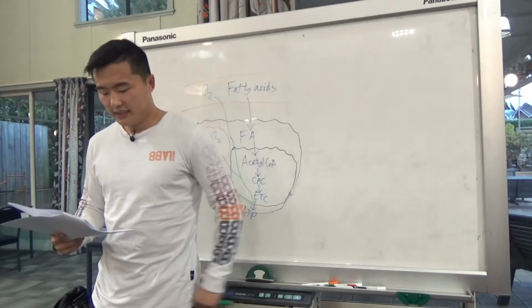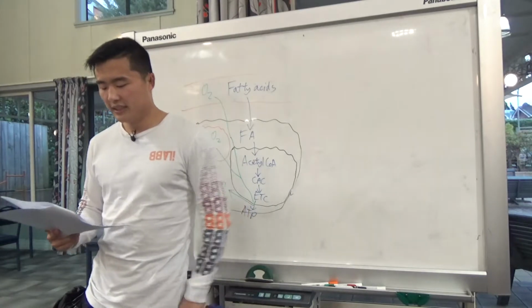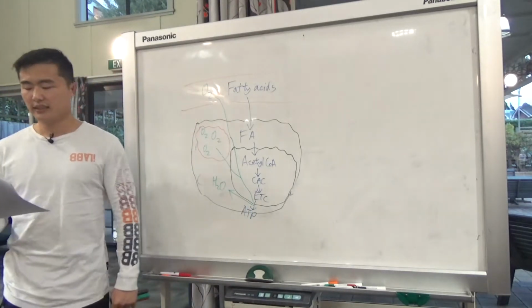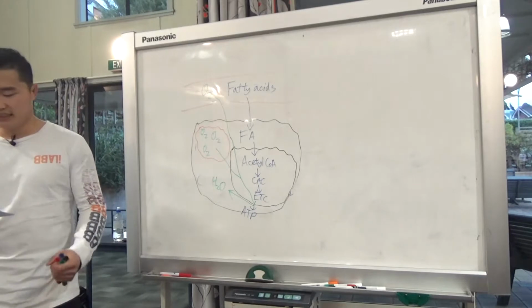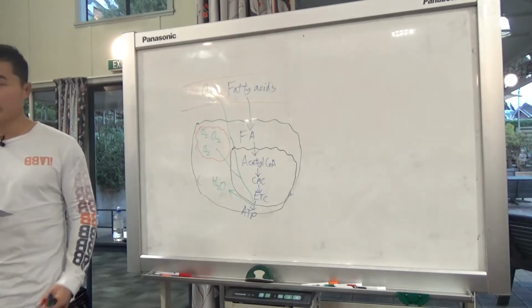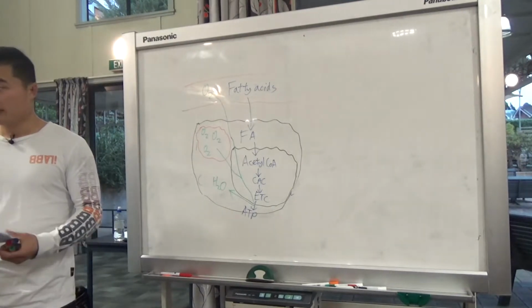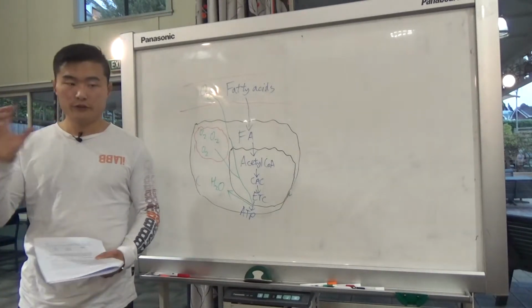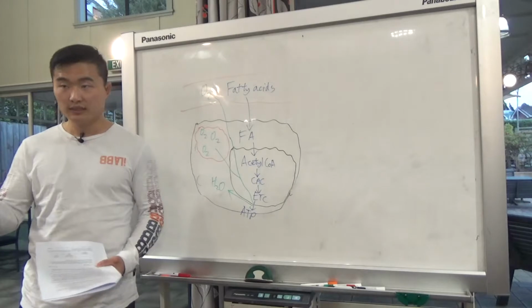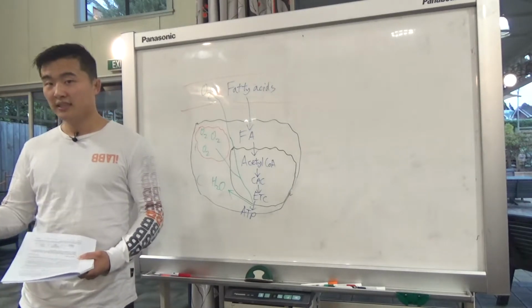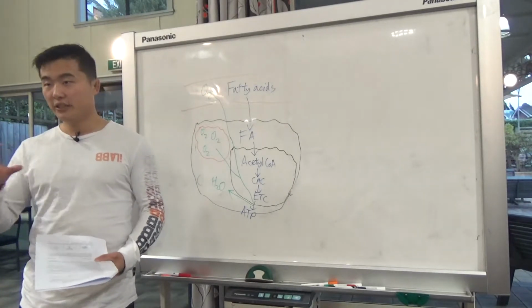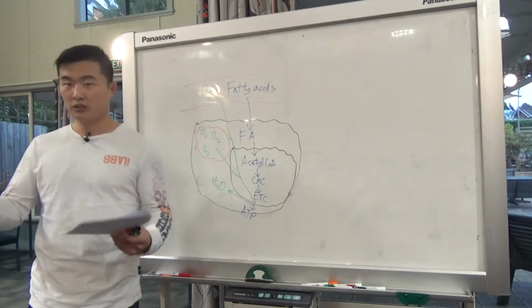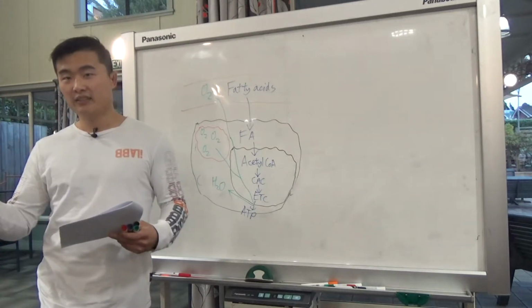So acidosis, low blood pH. The ketone bodies are acidic, and so they'll lower the pH of the blood, and your pH is very important because if your pH becomes lower, there's more protons in the blood, and they're going to protonate your proteins. If your proteins get protonated, what happens to them?